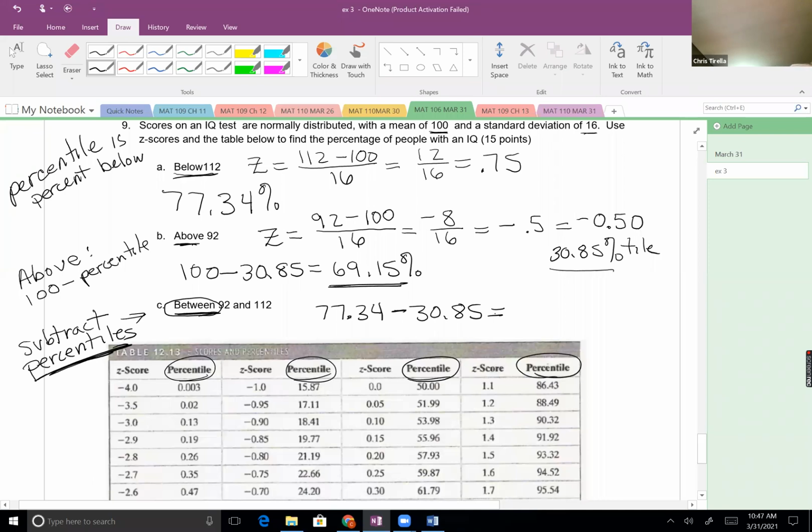When I do that subtraction, 77.34 minus 30.85, I get 46.49%.